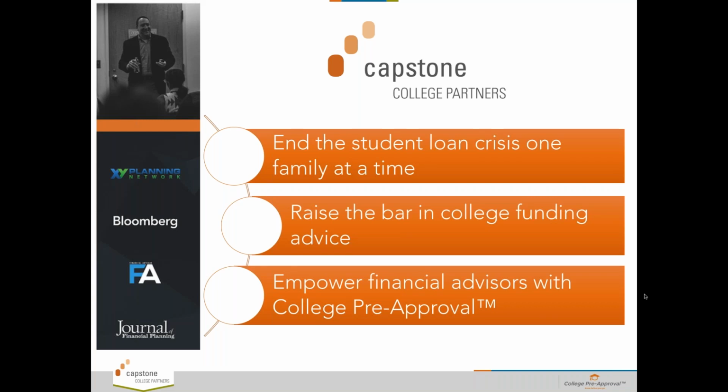We also have some paid trainings, and I'll give you a sneak peek into some of the software that we've developed as well that will be available for advisors in just a few weeks. And really what drives the engine behind a lot of what we do is our college pre-approval process. So I want to put a few things in context, and then we'll really dig into the financial aid and the 9 key differences in the 2 different forms that are required for the different institutions that are out there.